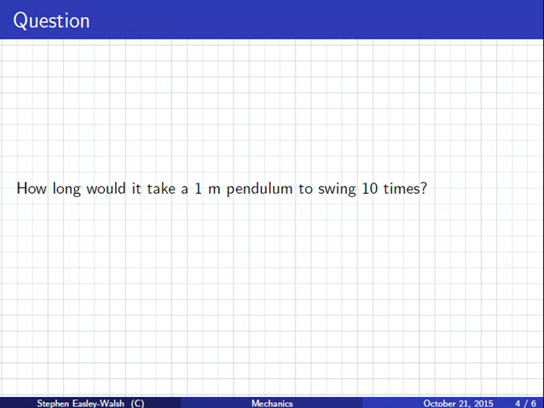And I'll measure 1 meter. 1 meter and 10 times. 2.006. So about 2 seconds. So how long should 10 take? 20 seconds.